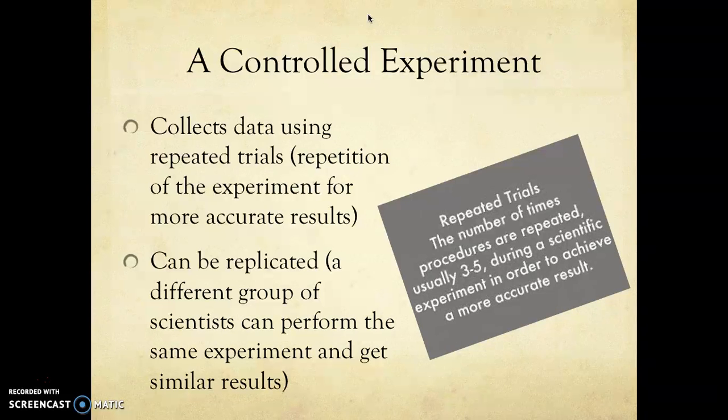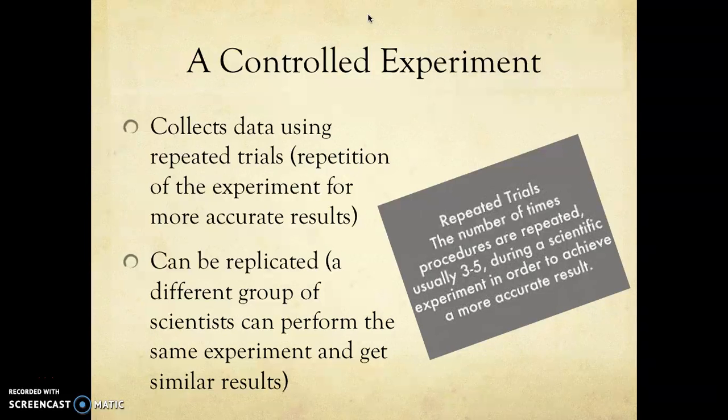If I'm testing the distance an airplane goes, I'm going to want to throw that airplane multiple times because I want to get as accurate a result as possible. If I only throw it once, then I don't know if that's how it's going to be every time I throw it. So I want to throw it as many times as I can and maybe come up with an average so I can see exactly how accurate that is.